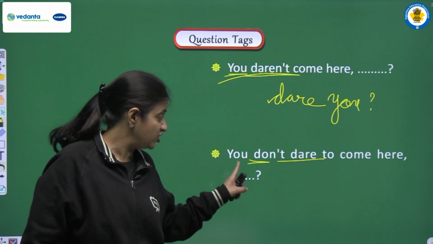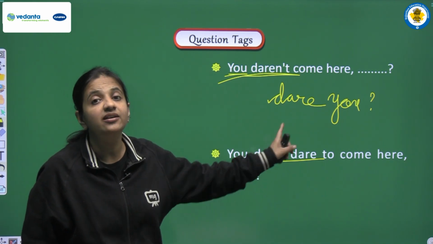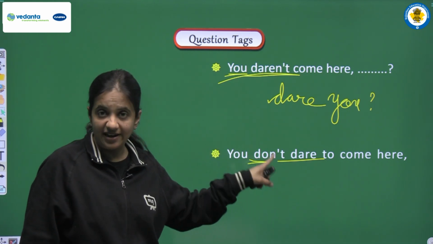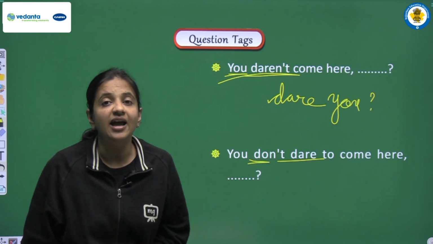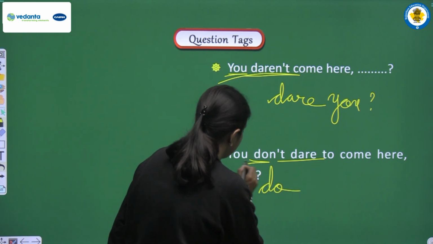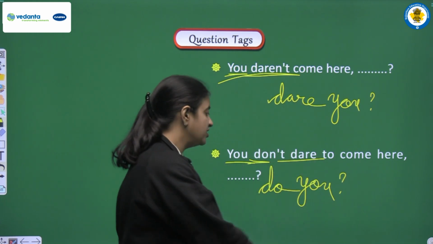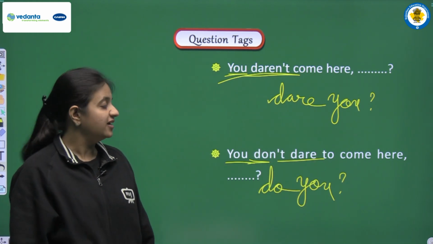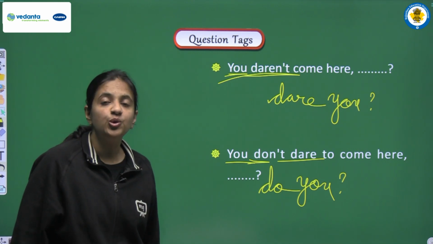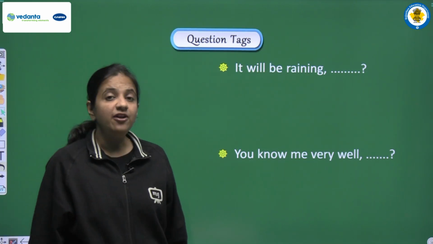So now the question tag of this sentence will be with do but not with dare. Alright, in this sentence also we have a negative statement. So the question tag will be positive. So we will use do and you. So now the question tag will be do you, and the complete sentence will be you don't dare to come here, do you.